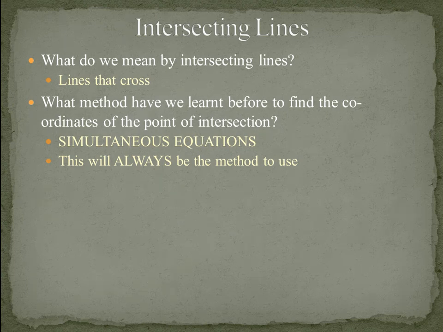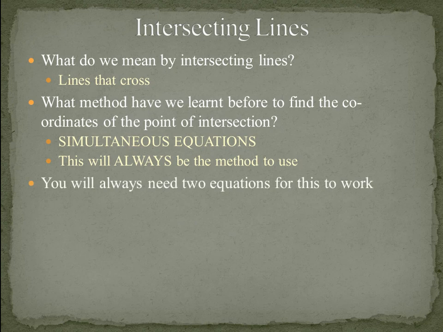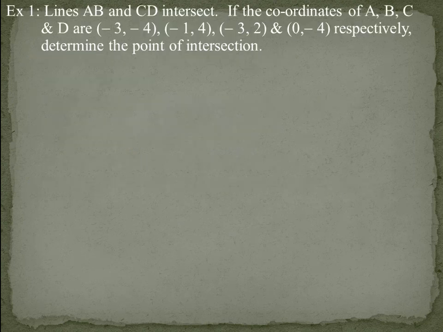But as I stressed before, we are going to use the substitution method again later in the course with other types of equations, quadratics, polynomials, trig, circle. So getting used to that method is a must. So I'd advise you do it at this point. To be able to use simultaneous equations, you do need the two equations for this to work.